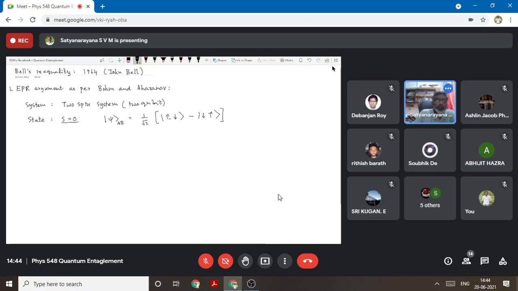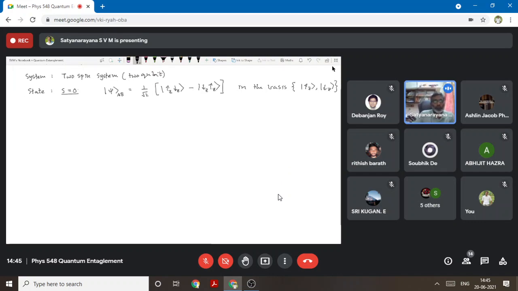Then this will be simply up z down z minus down z up z. So the basis that we are looking at is up z, down z for each spin. For the other spin also it will be that. I am not writing A, B everywhere. The first one is A, the second one is B. Let us try to understand that.